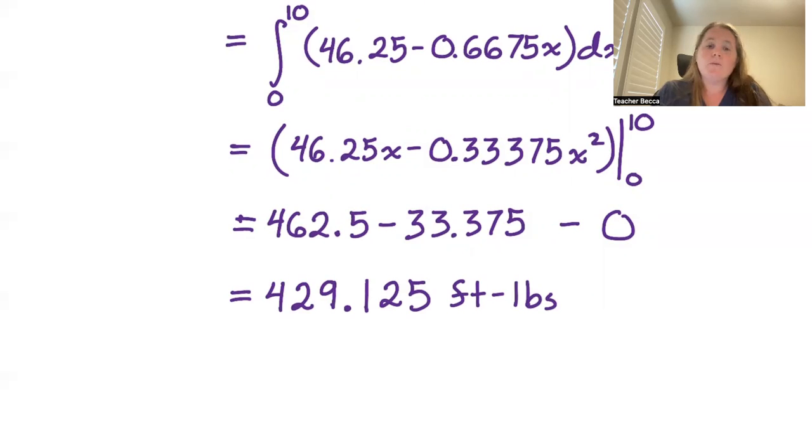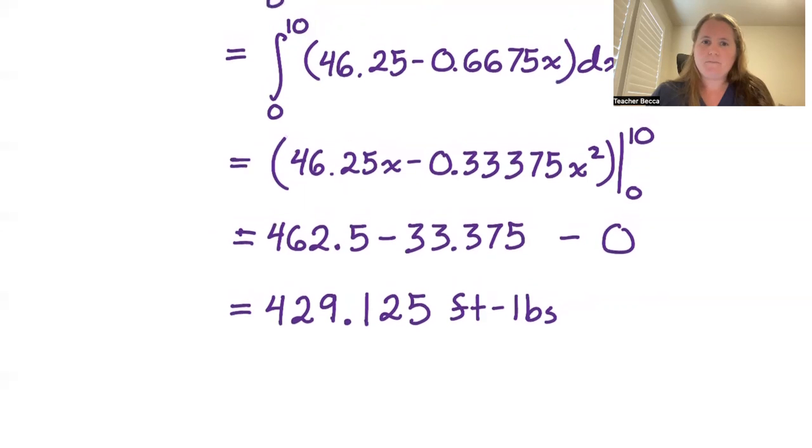So the total amount of work required to raise the rope and bucket filled with water, as the bucket slowly loses water and the rope is slowly losing length, is 429.125 foot-pounds. I was doing all the arithmetic in my head. These are the answers, but the process certainly is there.